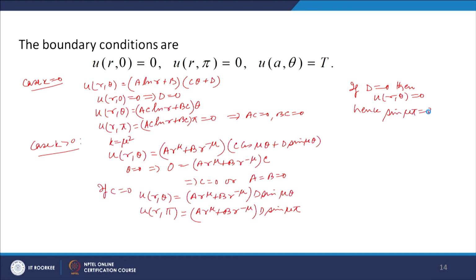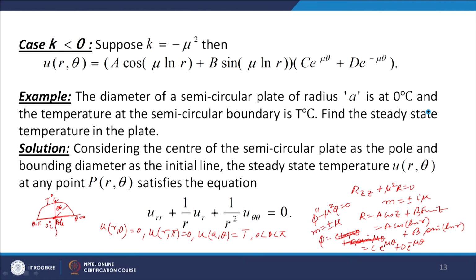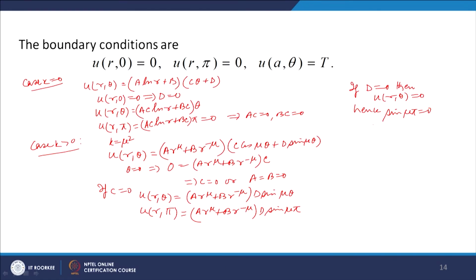So, sin mu pi is equal to 0 means we will have mu pi equal to n pi, or mu equal to n. So, n takes value 0, plus minus 1, plus minus 2 and so on. When n is equal to 0, k equal to 0. k equal to 0 is not possible, because k equal to 0 we have already considered.